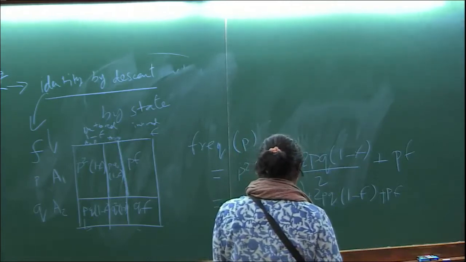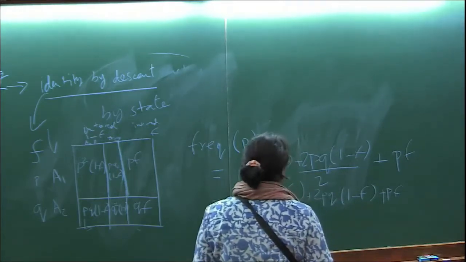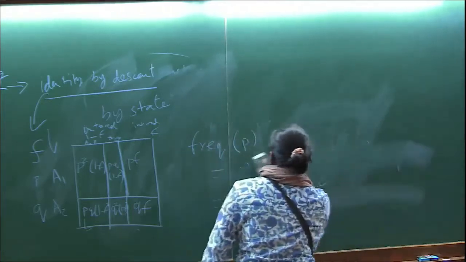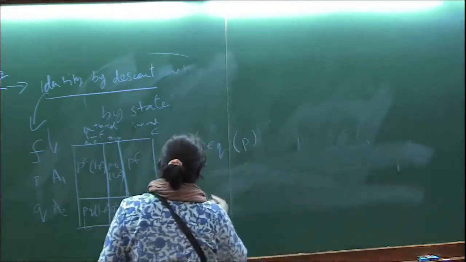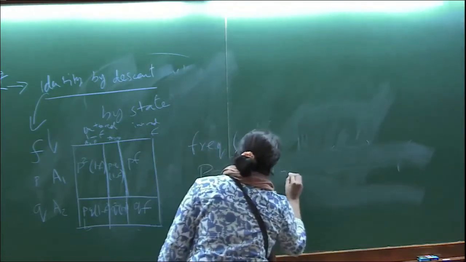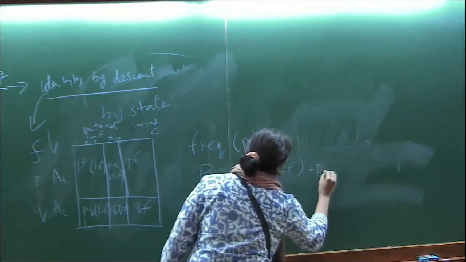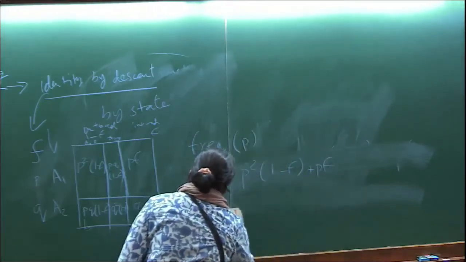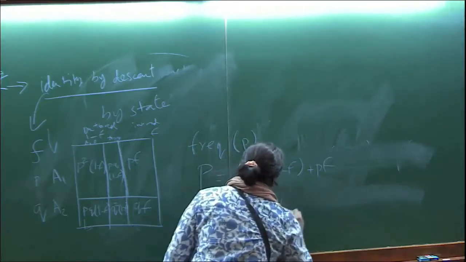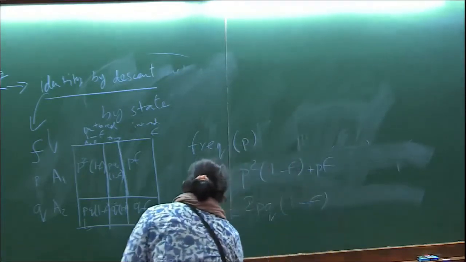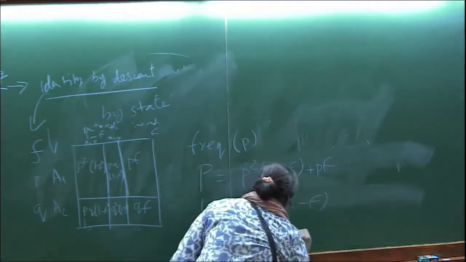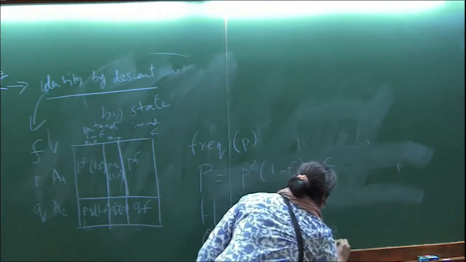I made a mistake. Oh, sorry. So to get the proportion of homozygotes, that's big P, not small p, that's p square 1 minus f plus pf, right? Heterozygotes is 2pq 1 minus f, and these other homozygotes is q square 1 minus f plus qf.